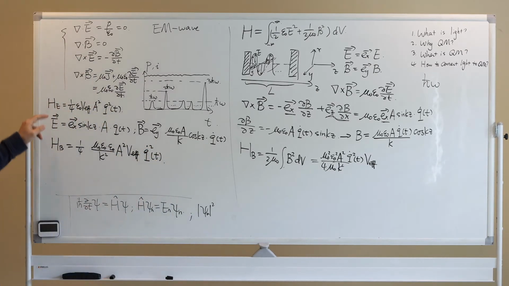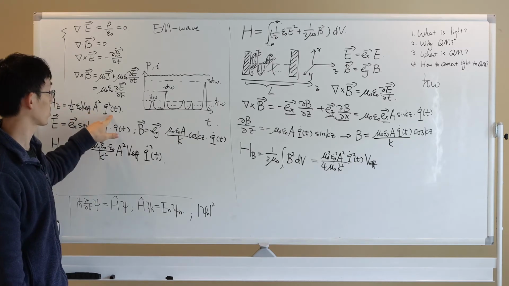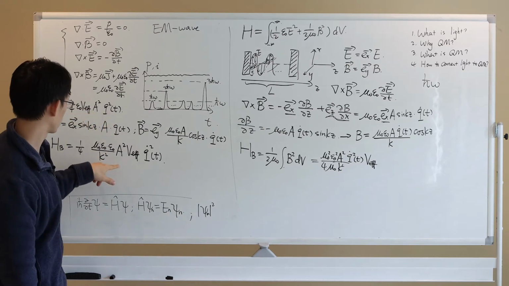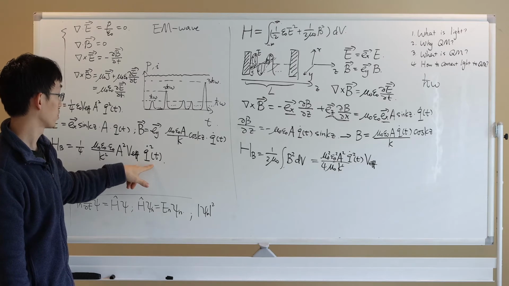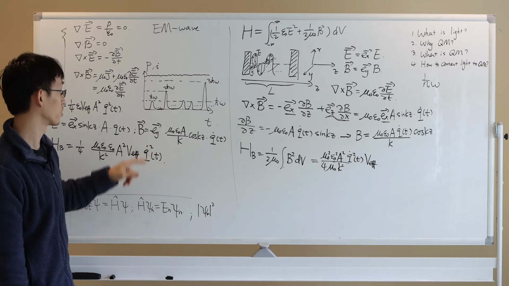Okay, so we now know the energy of the electrical wave and the energy of the magnetic wave. Okay, one is a bunch of coefficients times q square, another is a bunch of coefficients times q dot square, which is the time derivative of q.